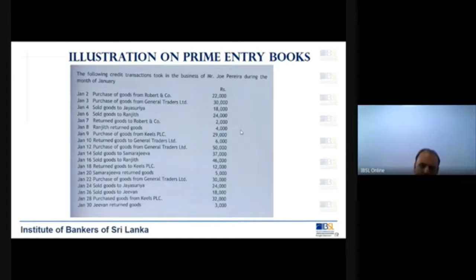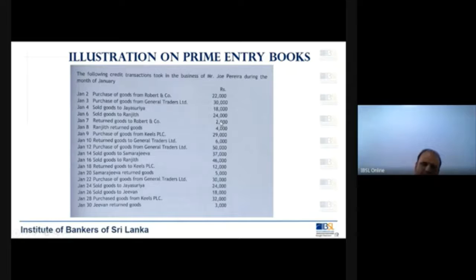Look at the transaction on January 7th. What has happened? Returned goods to Robert and Company. Now, on 2nd of January, you purchased goods from Robert and Company for 22,000. Out of which, now you are going to return some goods on the January 7th to Robert and Company, which is worth 2000 rupees.